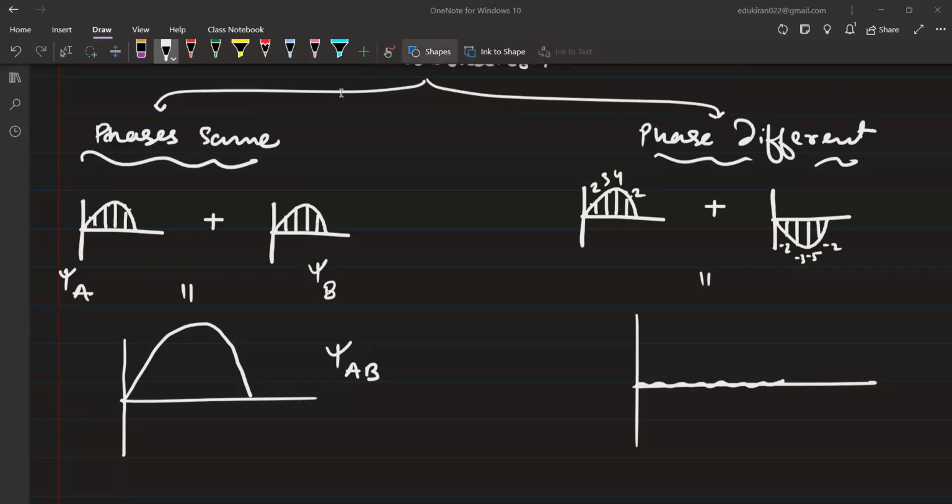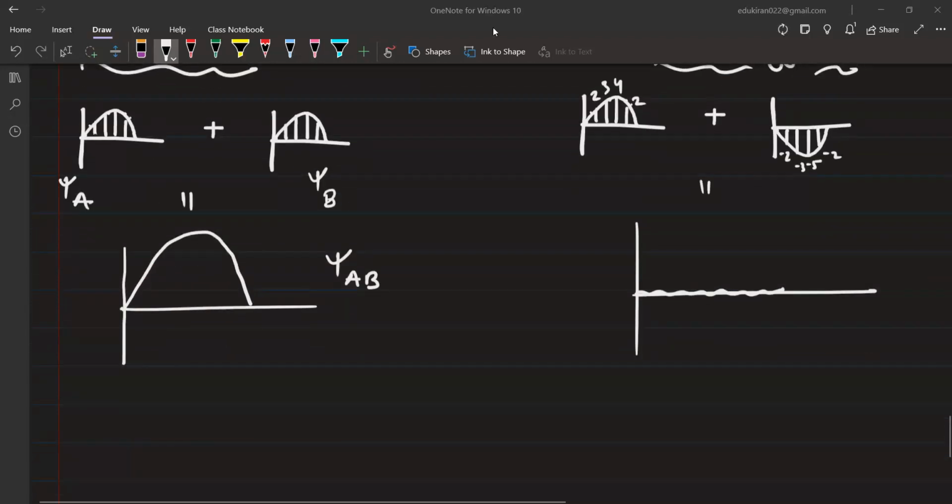ठीक है. अब बहुत इंपॉर्टेंट बात है, ध्यान से सुनो, ठीक है? Those who have done atomic structure with me, you would remember that psi does not have any physical significance. Psi square has physical significance. What has physical significance? Psi square.